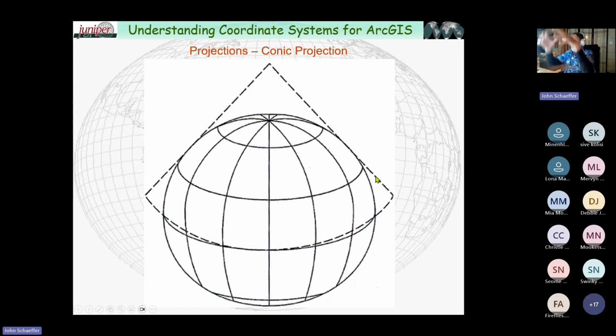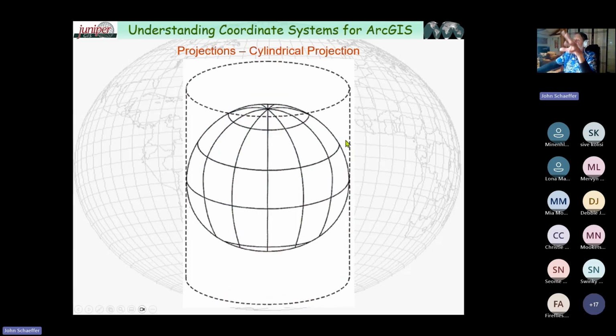Like I said, think of a dunce cap coming down over the globe. In this illustration, everything is going to be good right here and right here, but not so good over here and not so good over here. So this would be where the standard line is in this particular tool.